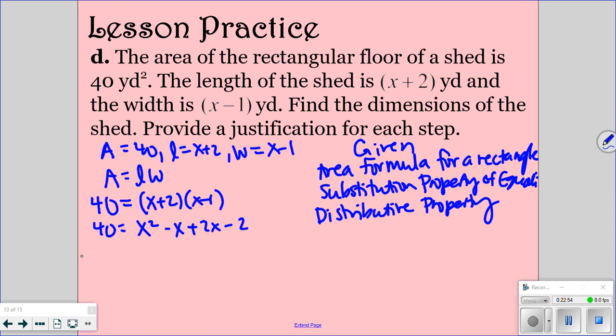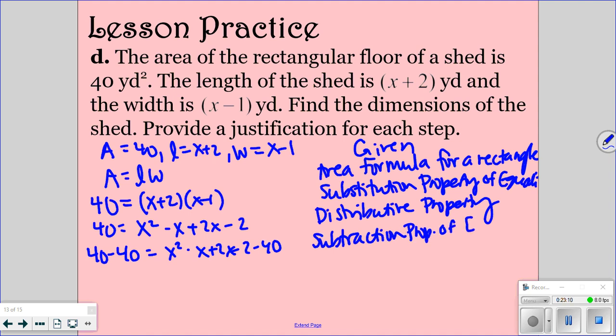From there, I am going to subtract 40 from both sides of my equation. And then I'm going to simplify.